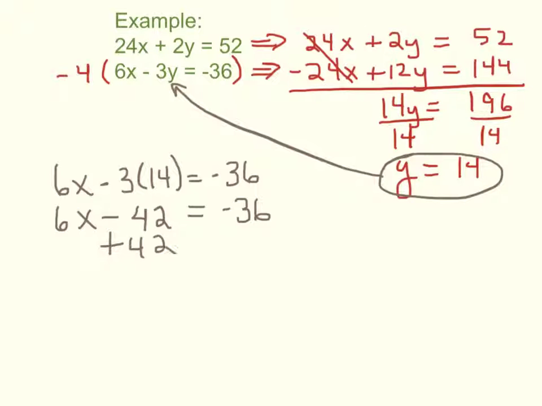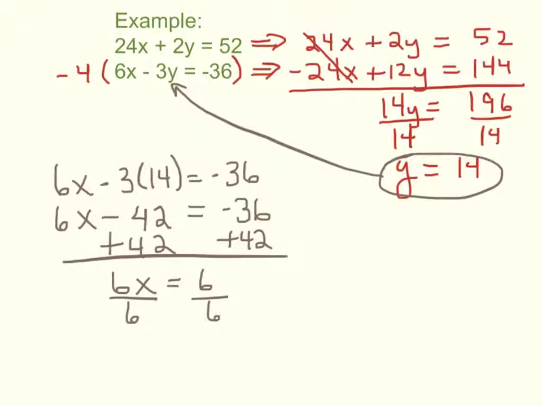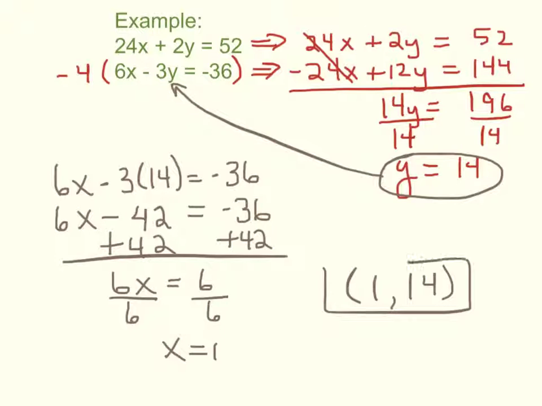Add 42 to both sides. So 6x equals 6. Divide by 6, x equals 1. And I'm all done, except for I have to write my answer as a coordinate point. And there it is.